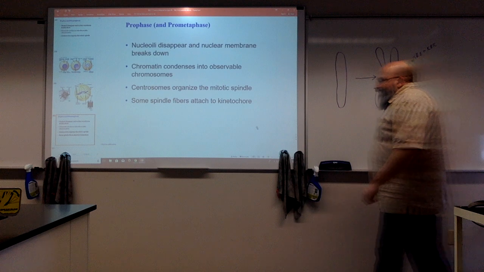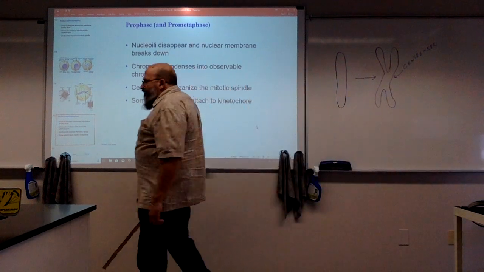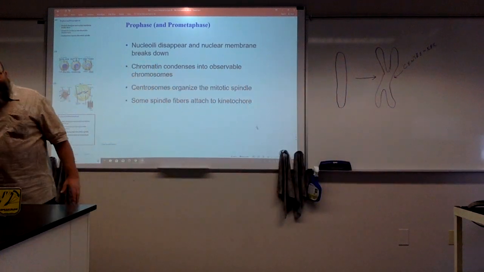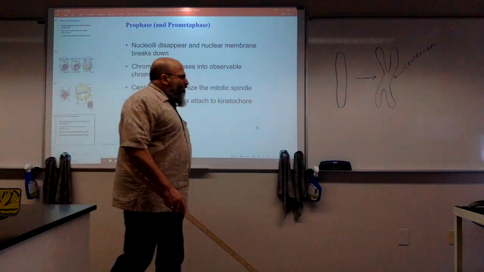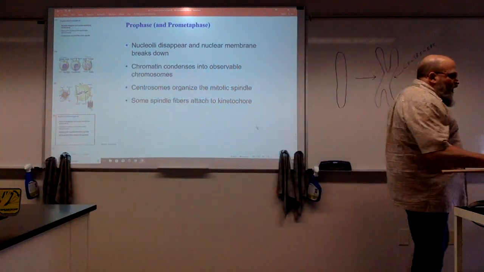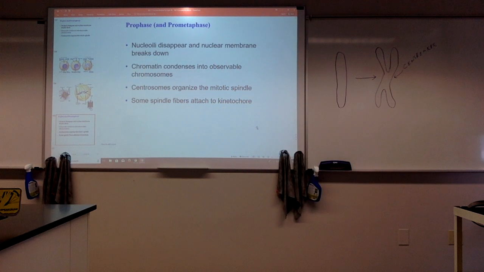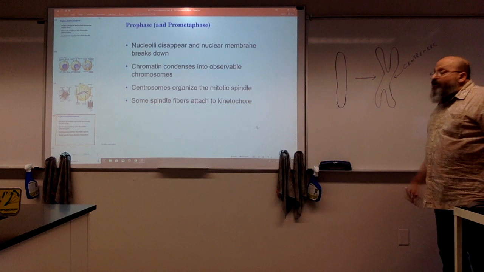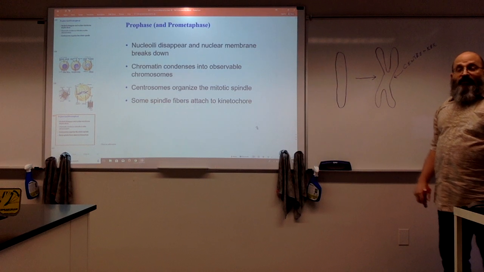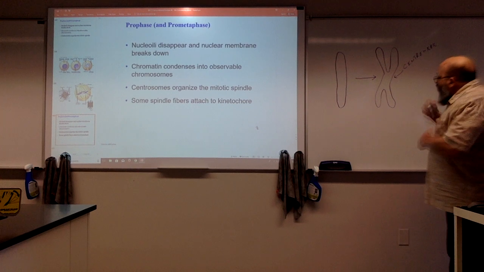Also during prophase, some spindle fibers attach to the kinetochore. What the heck is a kinetochore? A kinetochore is a sequence of DNA and some protein, and each sister chromatid has a kinetochore.